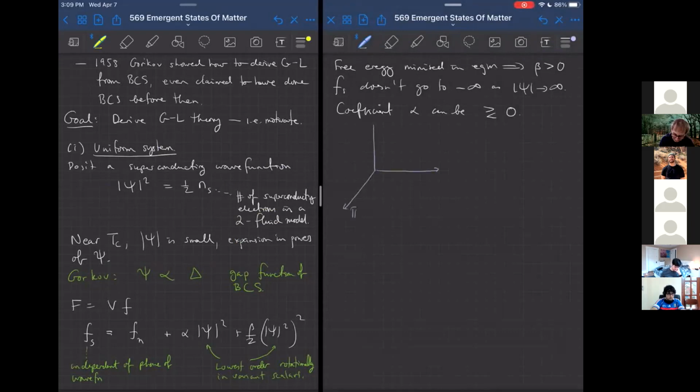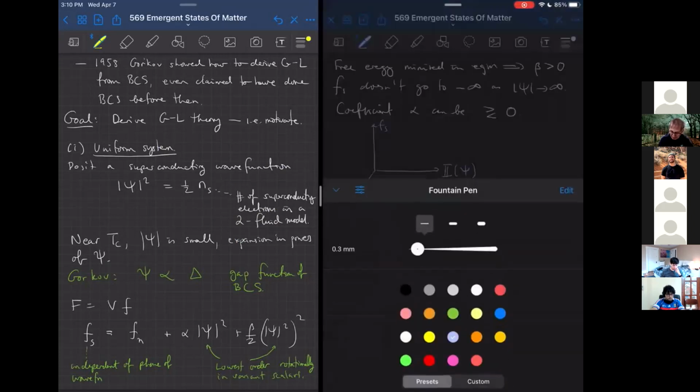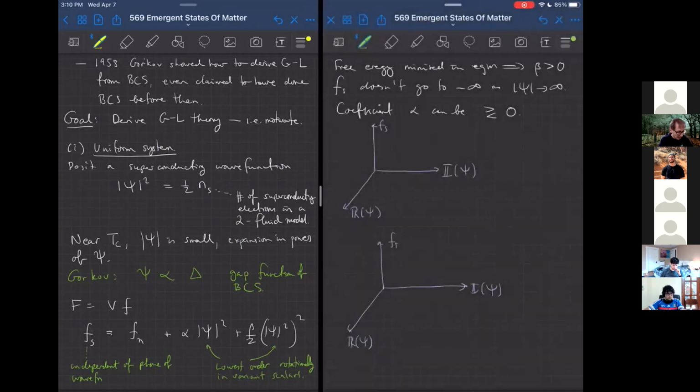So I'm going to draw the real part of the order parameter, the imaginary part up here, and then the free energy in the superconducting state. And I'm going to do that for both alpha greater than 0 and alpha less than 0. So let's first of all do the case when alpha is greater than 0.